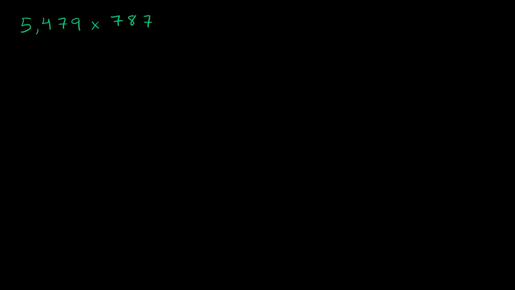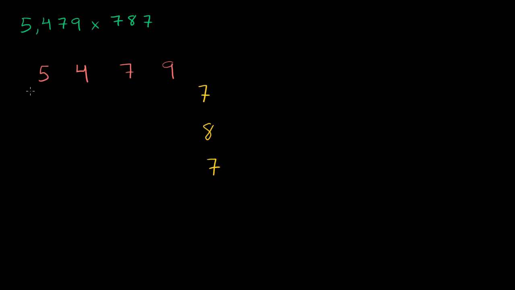So just like we did last time, we make 4 columns, one for the 5, the 4, the 7, and the 9. So we'll have 5,479, and then times 787, so they each get their own row. Just like that. And then we have to draw our lattice.